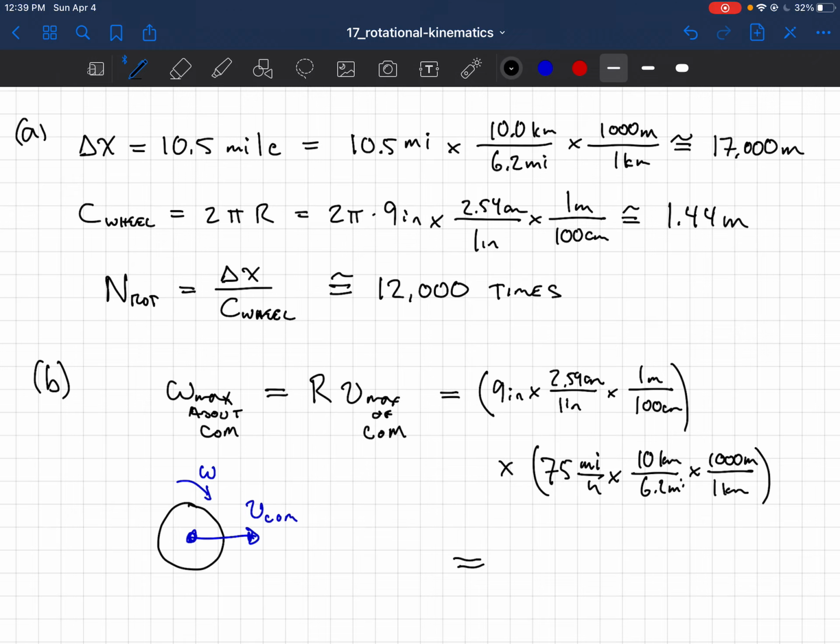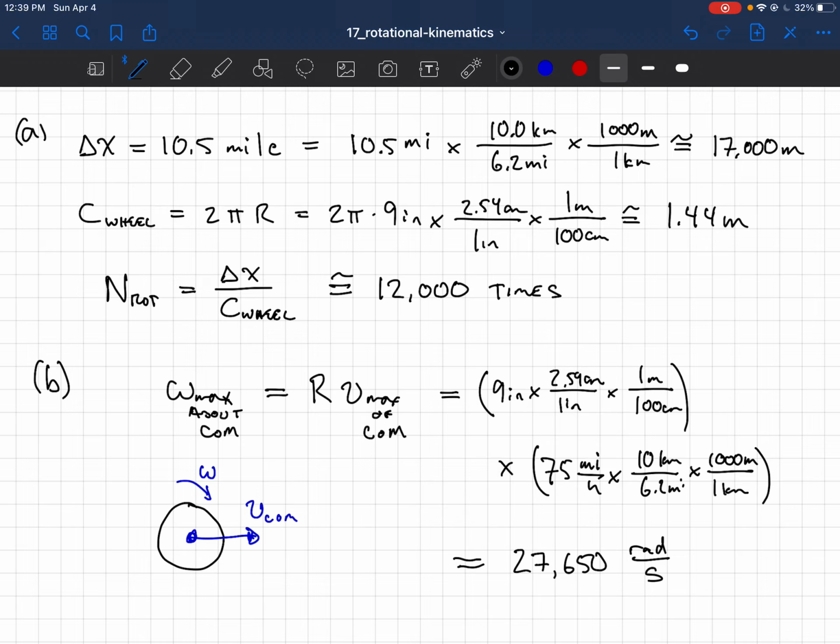So we have 9 times 2.54 divided by 100, and then multiplied by 75, multiplied by 10, divide by 6.2, and multiply by 1,000. And we find about 27,650 radians per second.